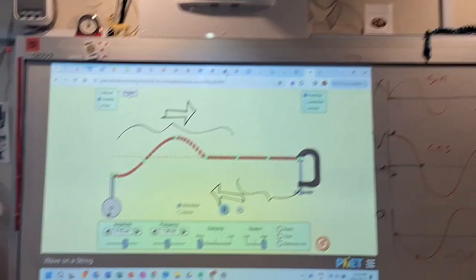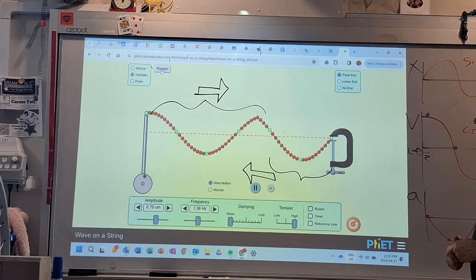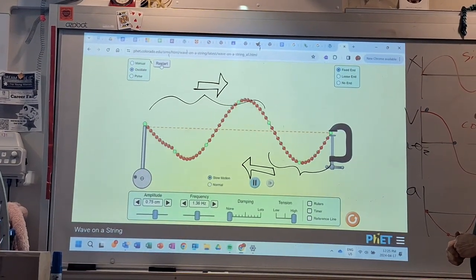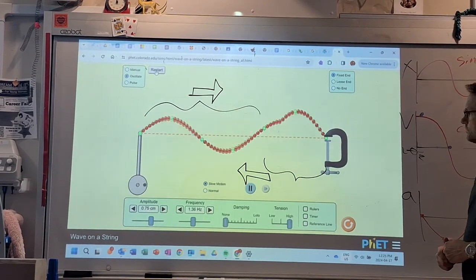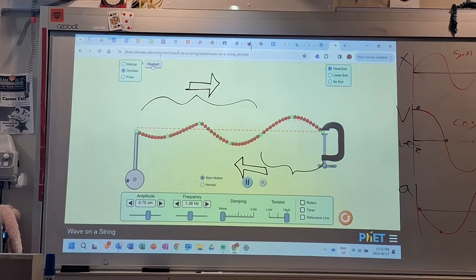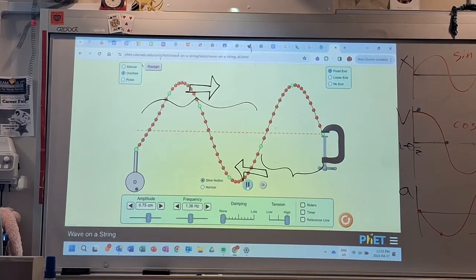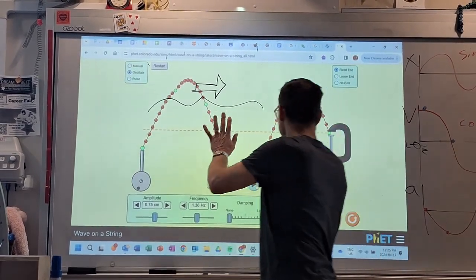Let's see if this works. Oh, it's close. We'll keep it at that. It's a little bit out, but it's close. Okay, so this is now close to a standing wave.